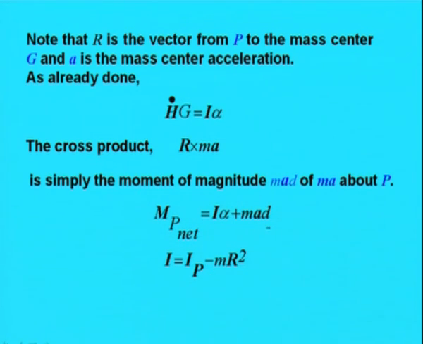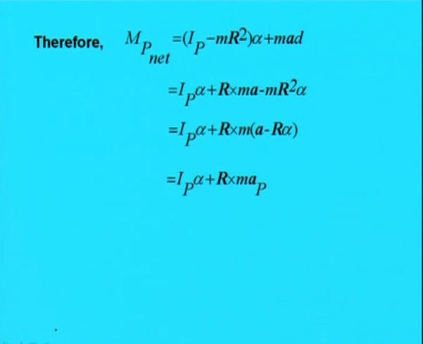We can write by parallel axis theorem I is equal to Ip minus mr square, because I is the second moment of inertia about the center of mass. So therefore Mp net is equal to Ip minus mr square into alpha plus ma times d, and this becomes equal to Ip times alpha plus R cross ma.